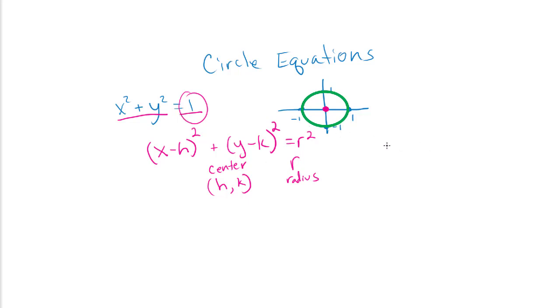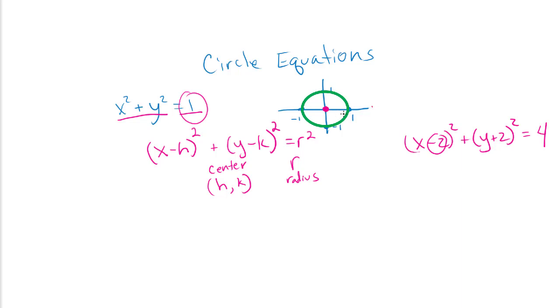Let's try an example. What if I had (x minus 2) squared plus (y plus 2) squared equals 4? What circle would that be? Well, the center of my circle would move 2 to the right for the minus 2.